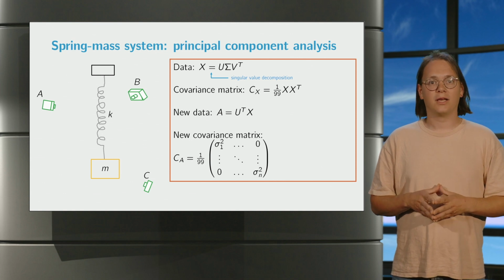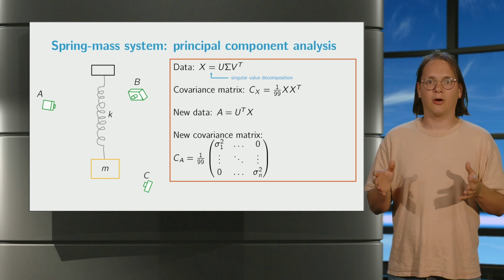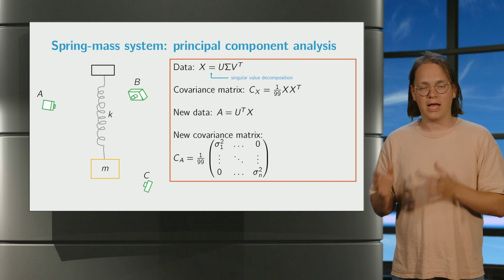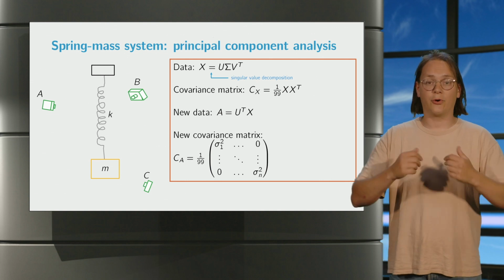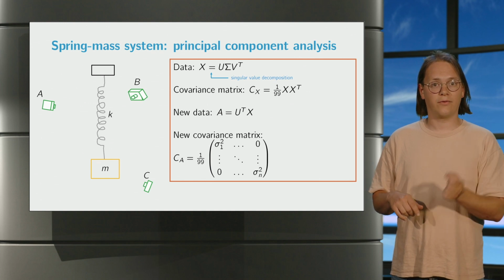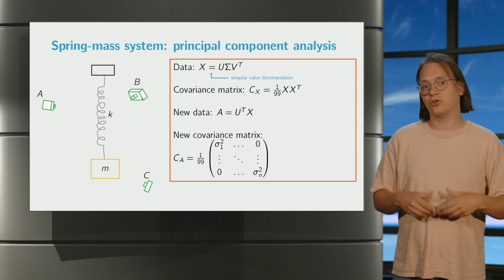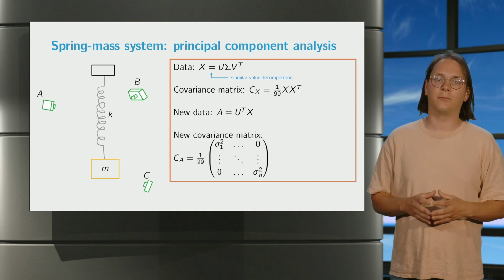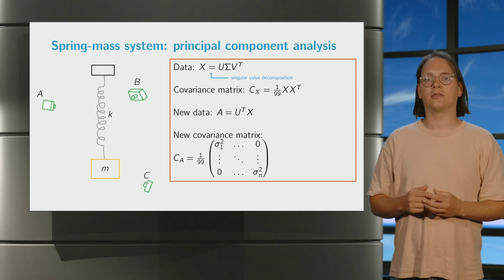The upshot is that principal component analysis uses the singular value decomposition to determine the dimensionality of our problem. Moreover, it provides the data in a new frame of reference that removes redundancy and orders the data according to variance. Of course, the example of the mass on a spring was chosen to show the idea of principal component analysis in a situation where we already know the answer.